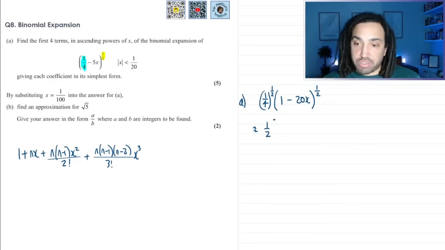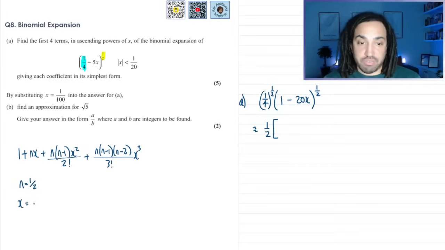So that goes outside. And then we can start using the formula here, such that the power n is a half, and the x that we're going to be using is in fact minus 20x.